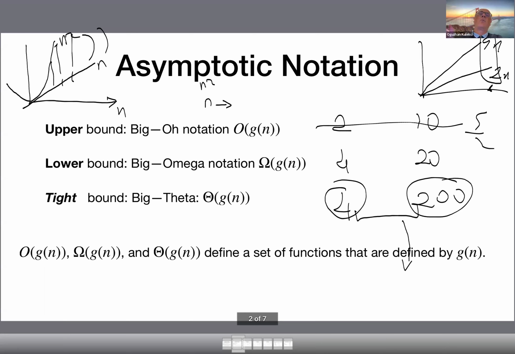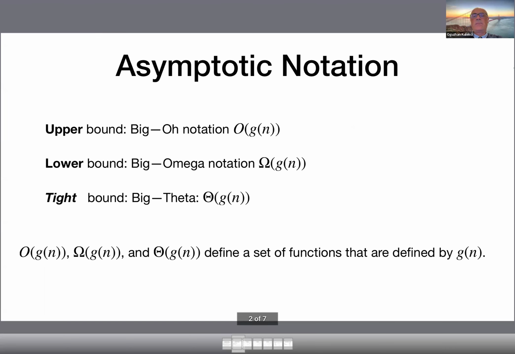Once you have such a situation, we call this a tight bound. When we see the mathematical representations, it will be a lot more clear.